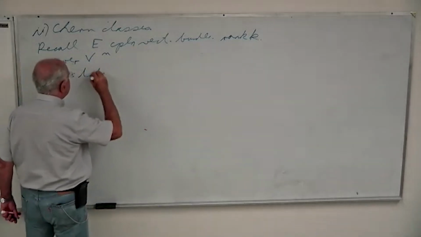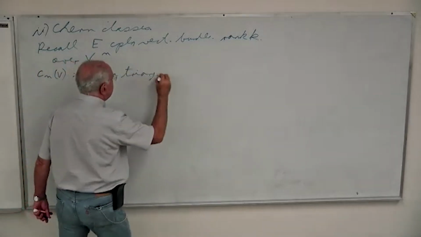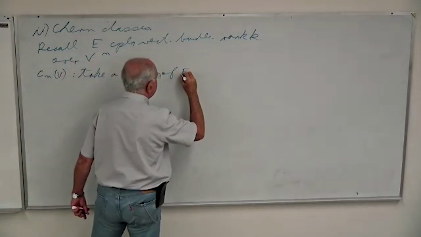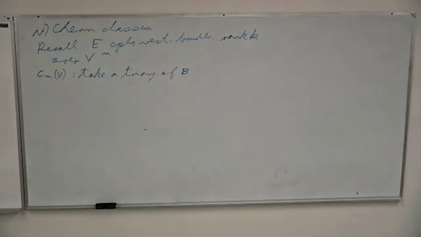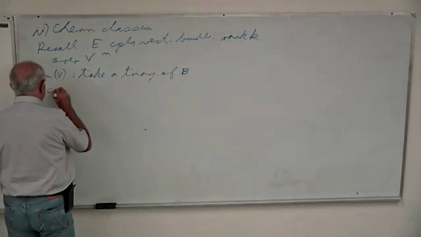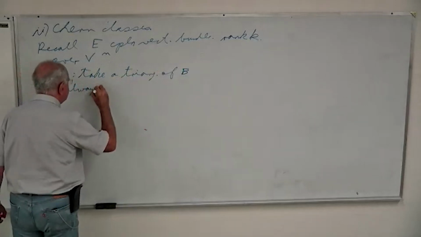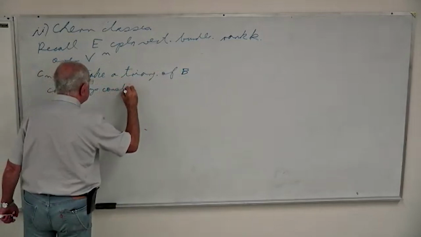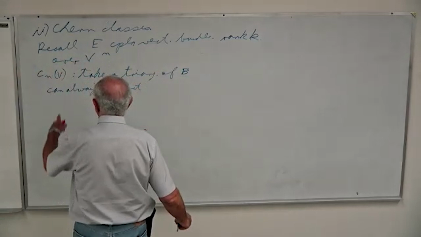take a triangulation, or cell decomposition, of B, the base, then you can always construct a section.